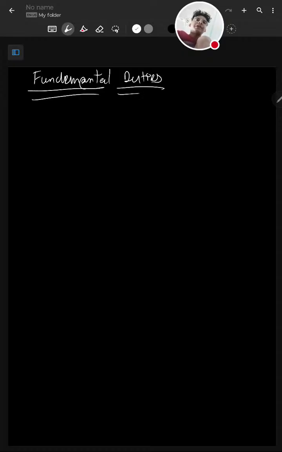Now going on to your fundamental duty. Fundamental duties are in your article 51A. These fundamental duties are a part of the constitution, and these are from the 25 parts we have in our constitution.